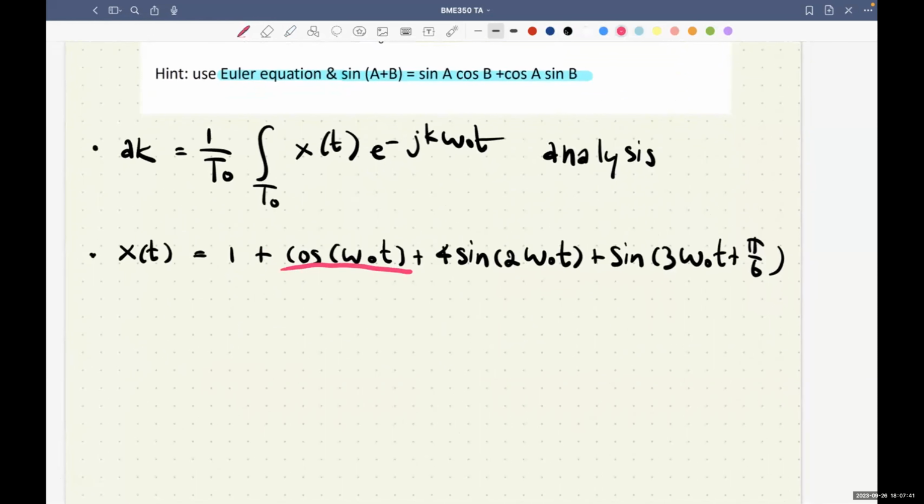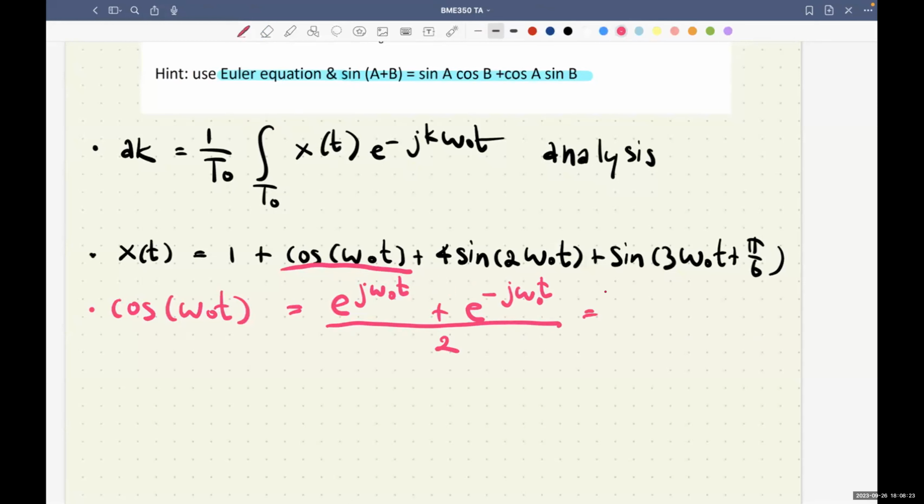Cosine omega naught t. I'm going to use the Euler equation with this chunk. According to the Euler equation, I'll get cosine omega naught t as e to the j omega naught t plus e to the power of negative j omega naught t, over 2.